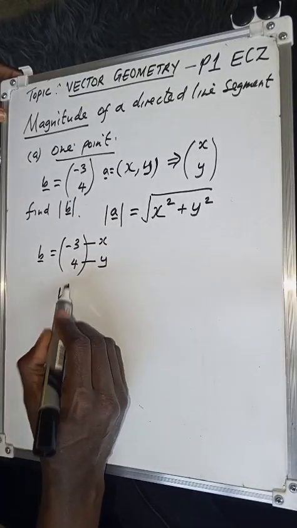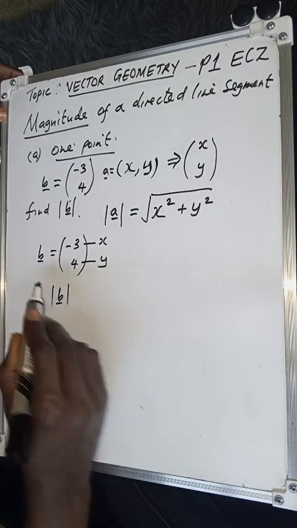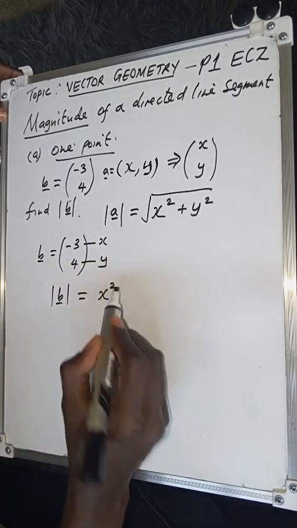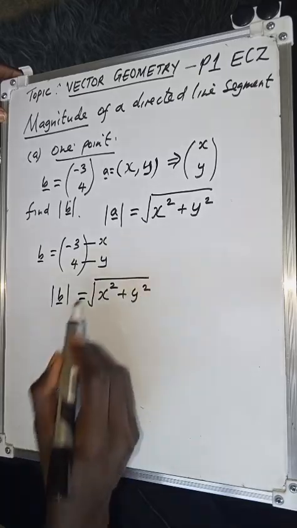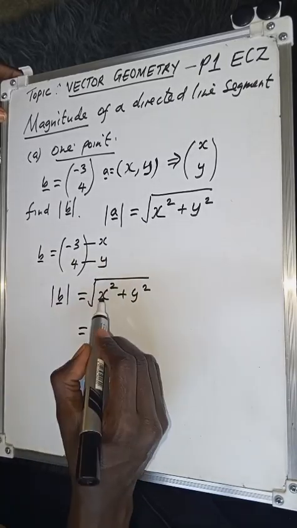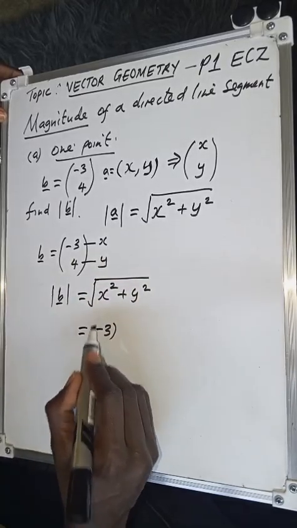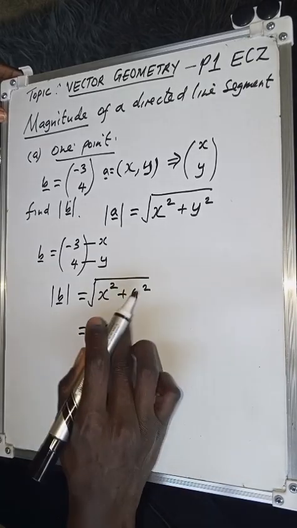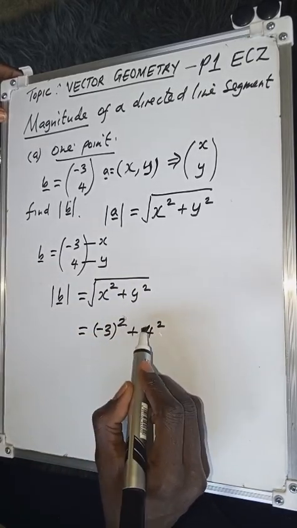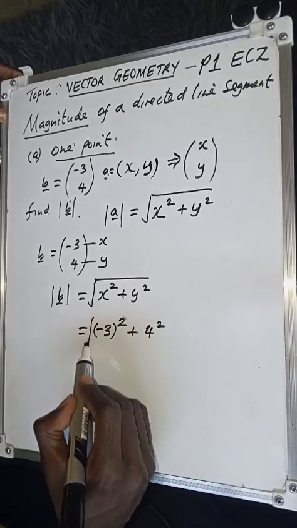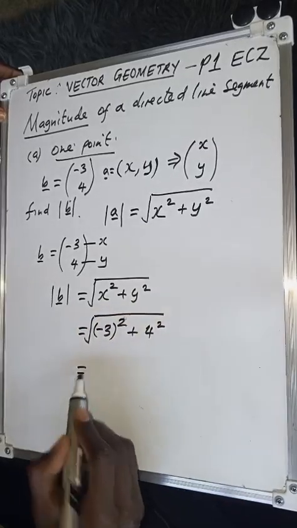So the magnitude of the vector is the value of x squared plus the value of y squared, then you find the square root of that. What is my x? -3 raised to the power 2 plus what's y? It is 4 raised to the power 2. Whatever you get, you need to square root it.